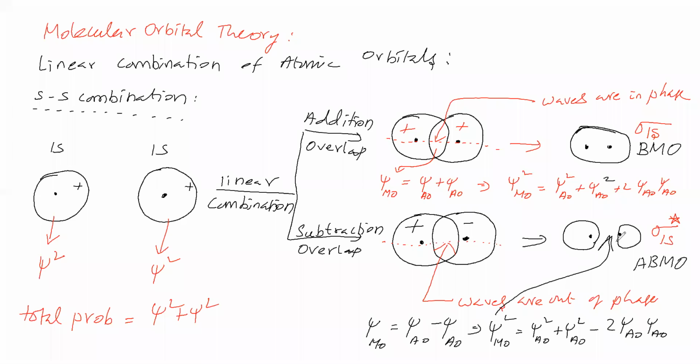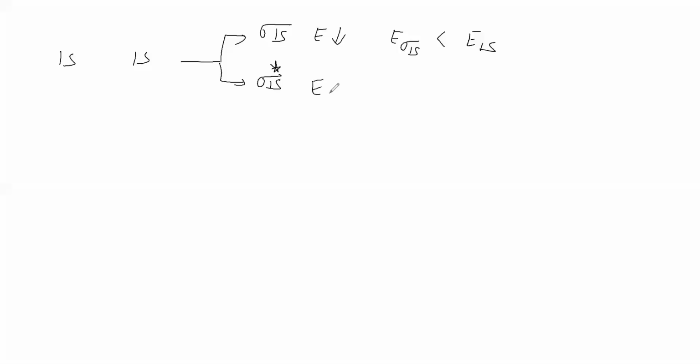Therefore, this energy is more than the two atomic orbitals. So the energy of sigma star 1s is greater than the energy of 1s, because it is not favorable for bonding, in the sense that it is not stable, so this energy is more.